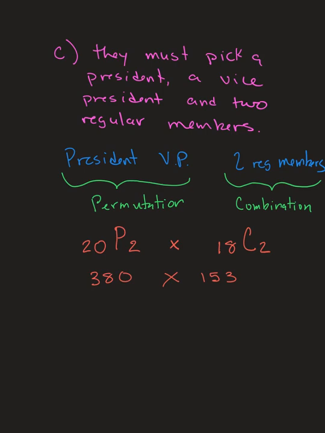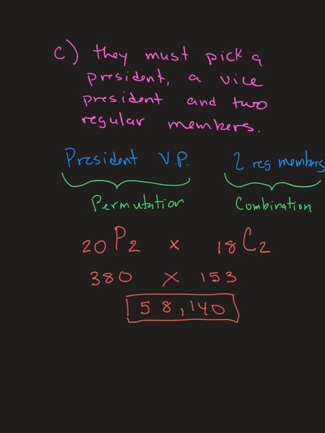So 380 times 153. And that is going to give us the answer. So 380 times 153 is 58,140. So 58,140.